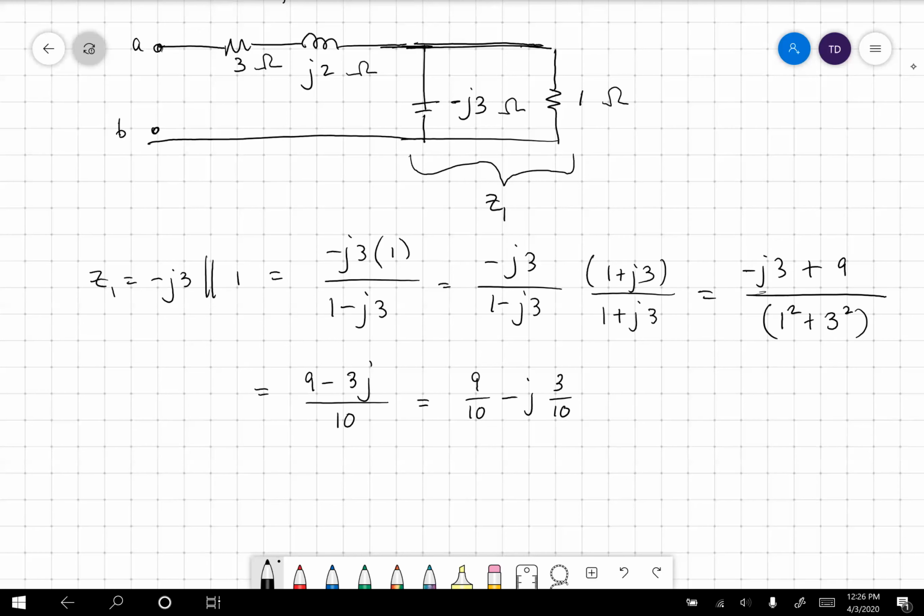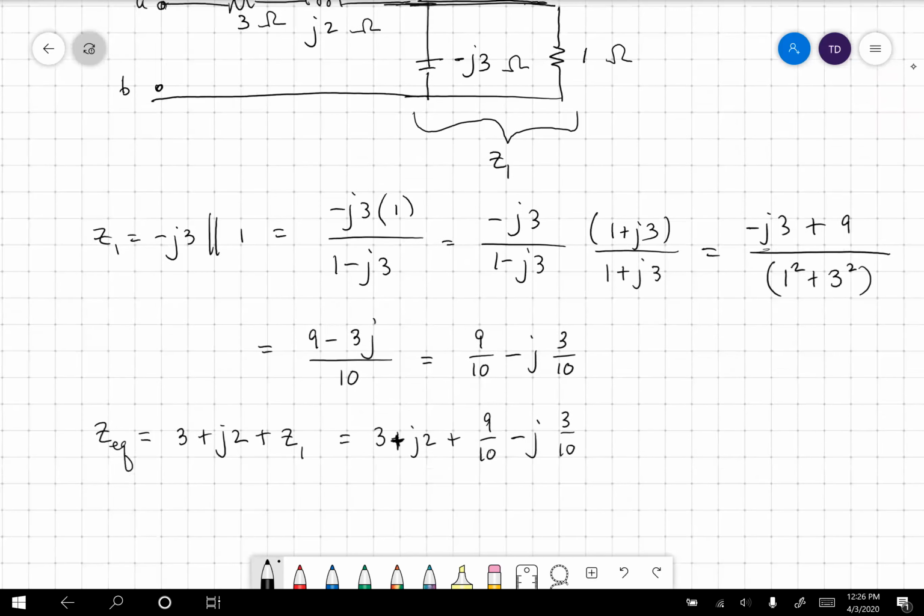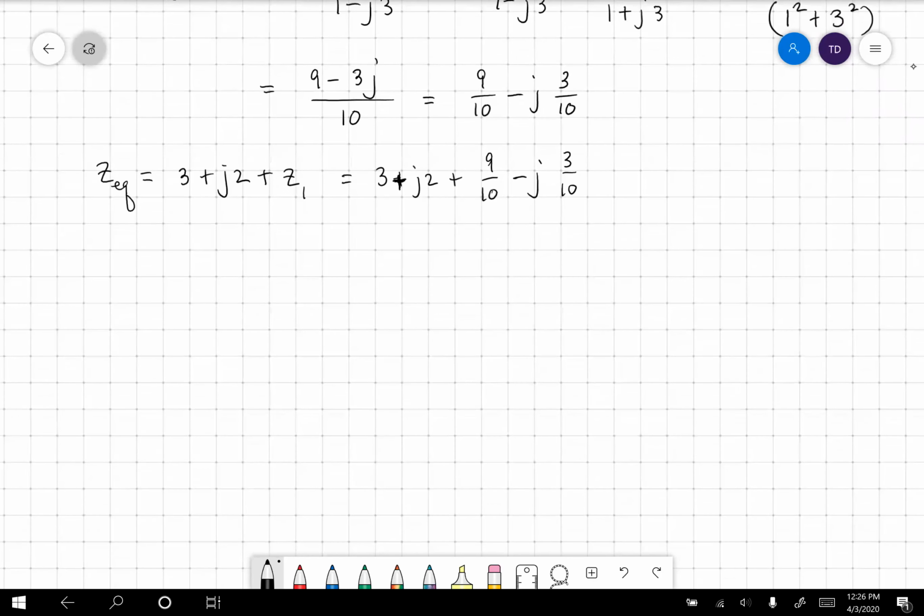Okay, awesome. Well, ZEQ is equal to 3 plus J2 plus Z1, which is 3 plus J2 plus, let's just use the last form that we have here, 9/10 minus J 3/10. And now I just add the real parts.